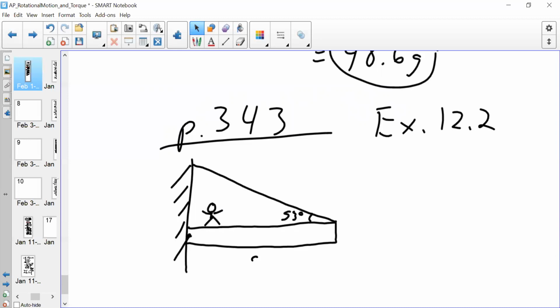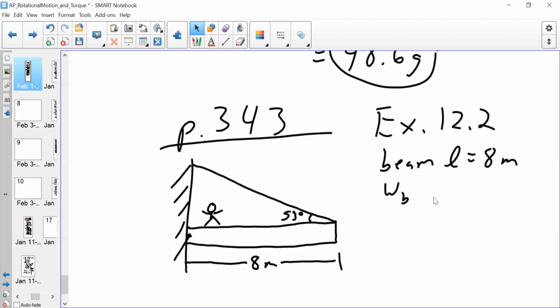The length of the plank, 8 meters. So the weight of the builder, I guess.